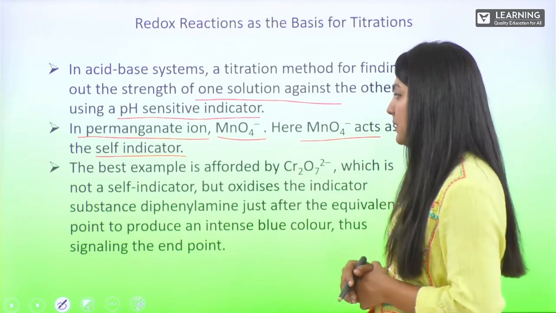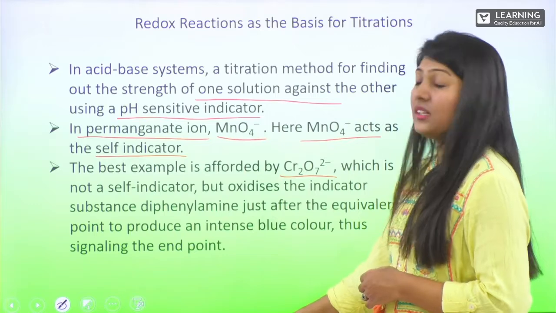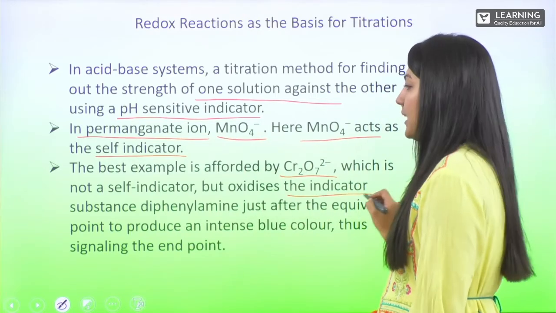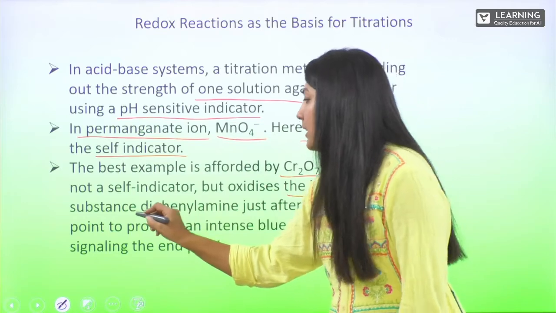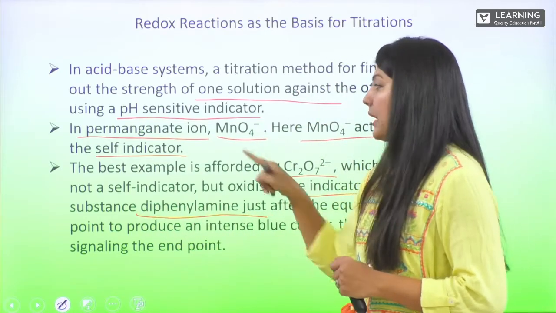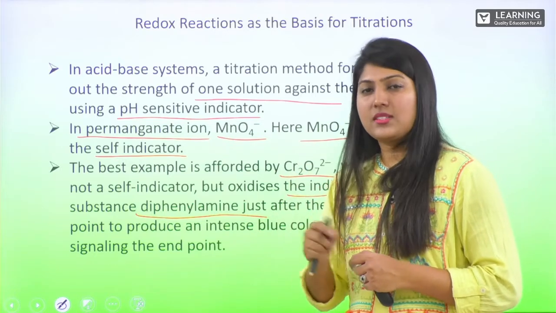The best example is afforded by dichromate, which is not a self-indicator, but it oxidizes an indicator substance like diphenylamine. So if I take KMnO4 or permanganate, that itself will change the color.